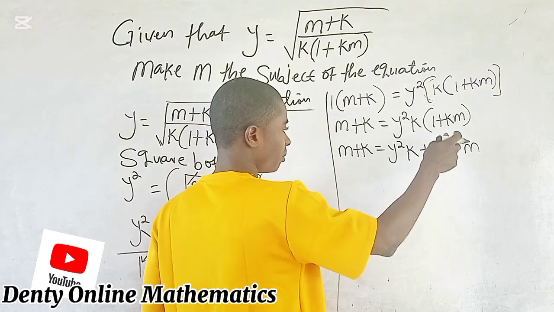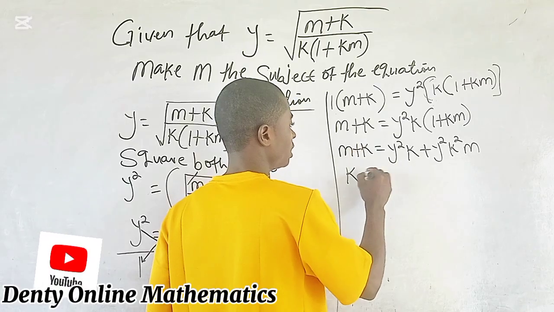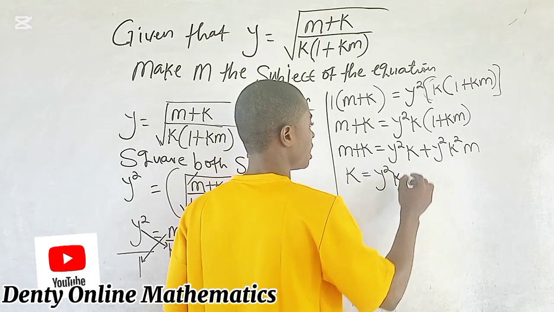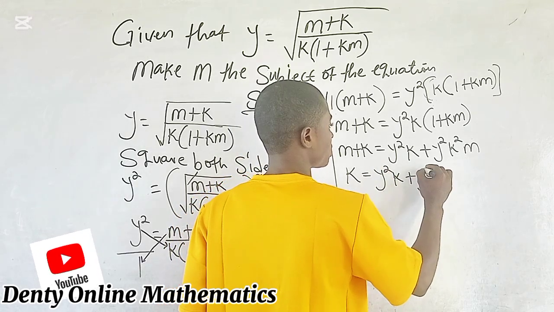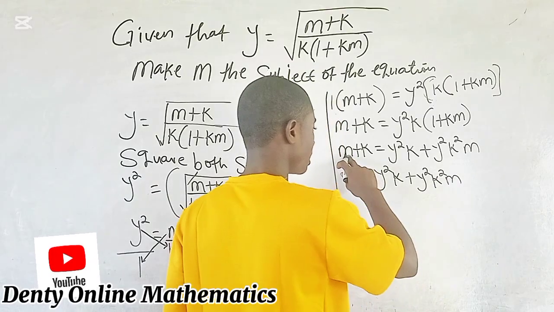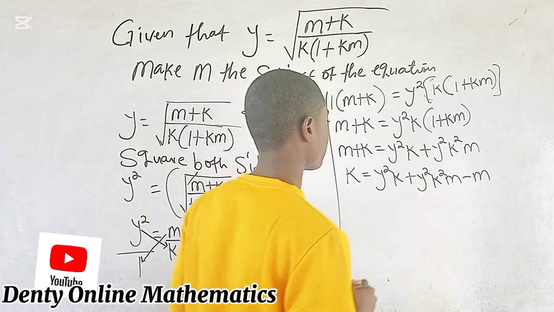So let me move m to the other side. So I'll have k. If I'm moving m, k will be left alone here. That will be y squared k plus y squared k squared m, and then when this m crosses over, becomes a negative m.